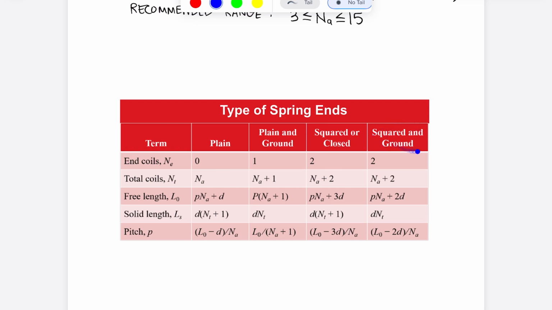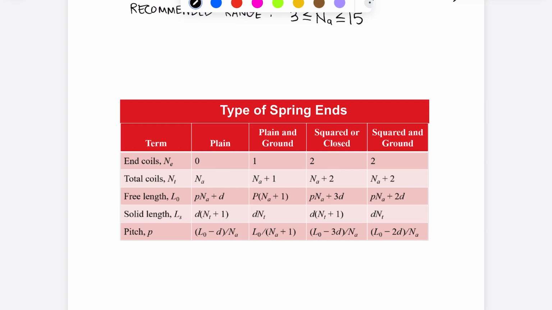And then squared and ground is a combination, of course, of the previous two. We've both squared the ends, so deformed the last helix or two, and we've also ground the ends so that it's nice and flat. Depending on the type of spring end that you have, you're going to have different equations to find the number of active coils from the total number of coils.